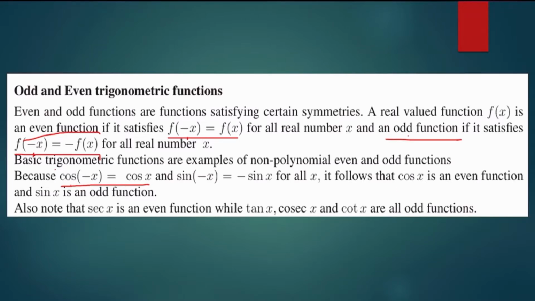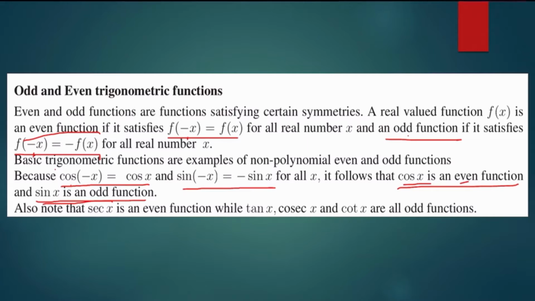So cos x is an even function. But sin of minus x is equal to minus sin x. The minus comes out, so it is an odd function. So cos is an even function, but sin is an odd function.